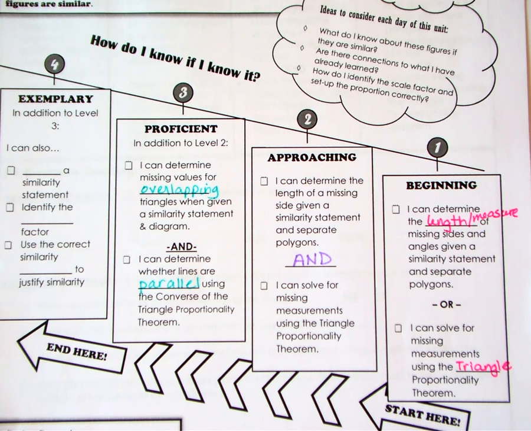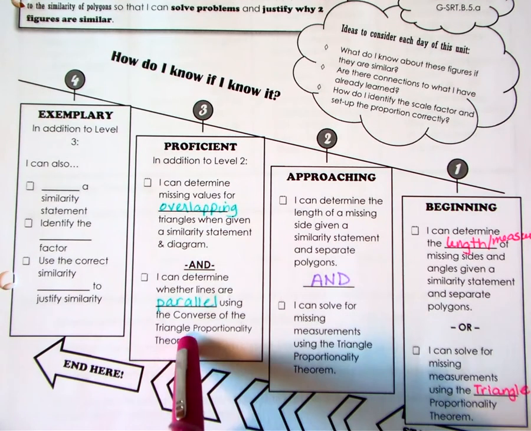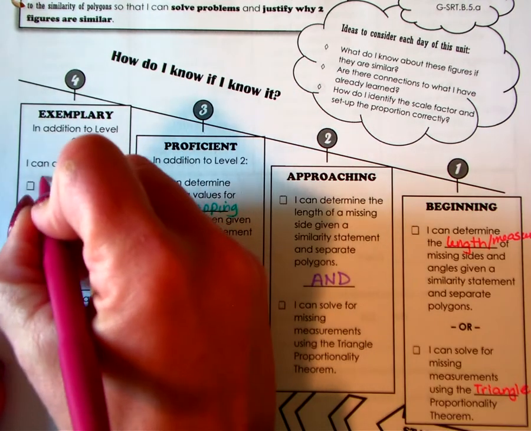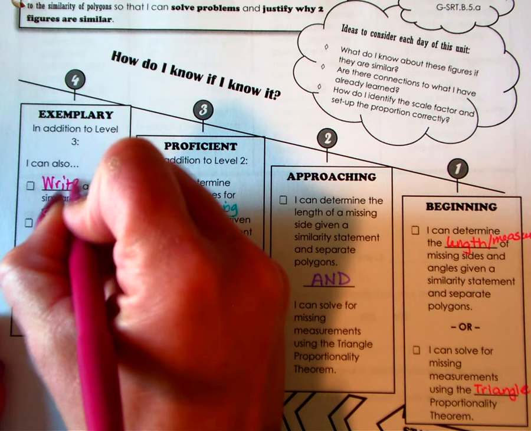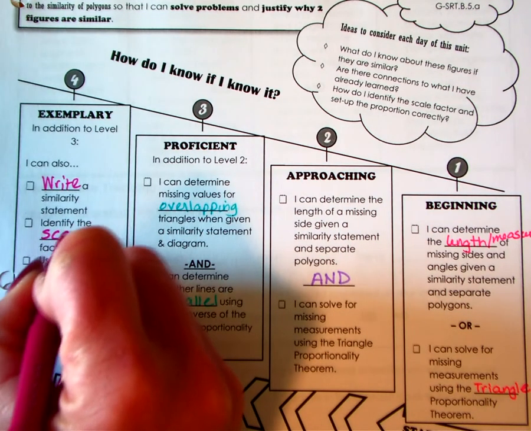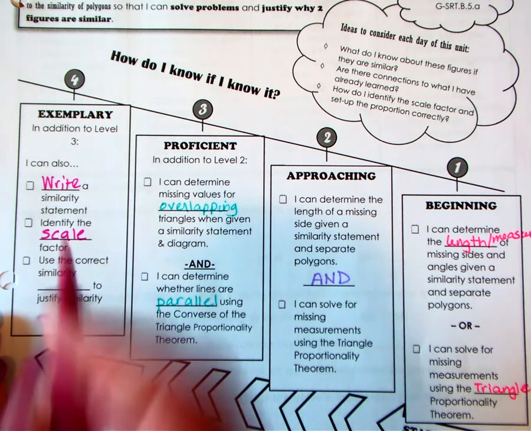Okay, and then you can progress through to the level 4 if you are proficient, and you can also write a similarity statement. You can identify the scale factor, and you can use the correct similarity criteria.